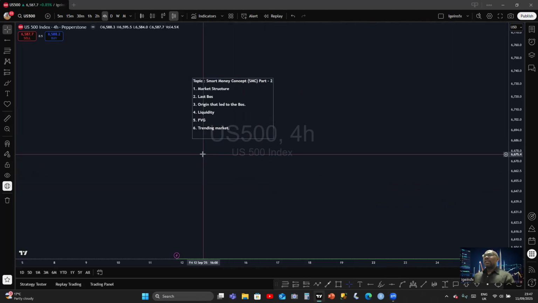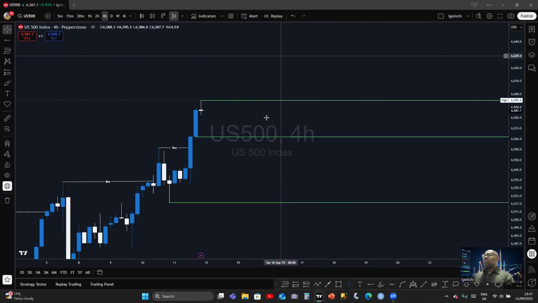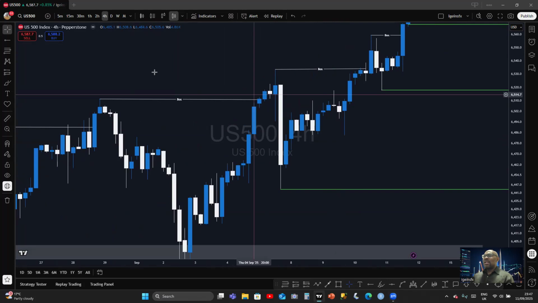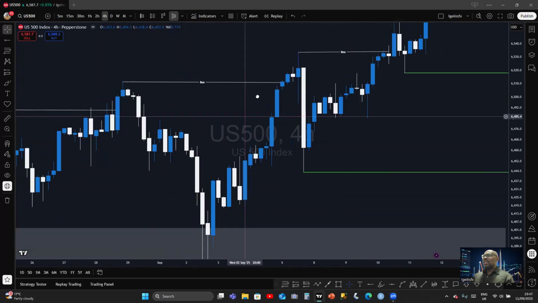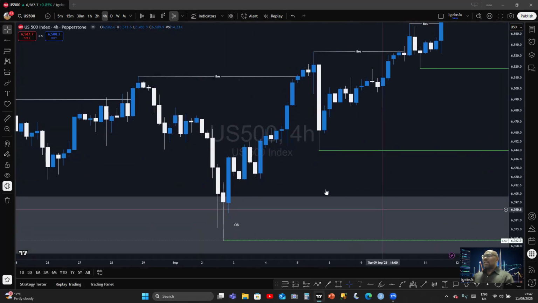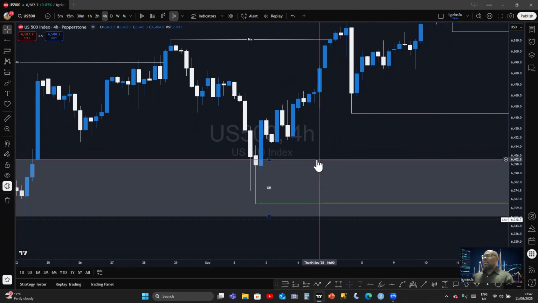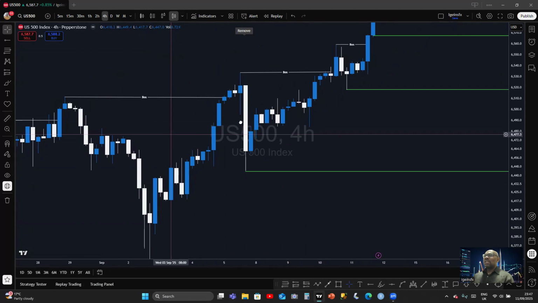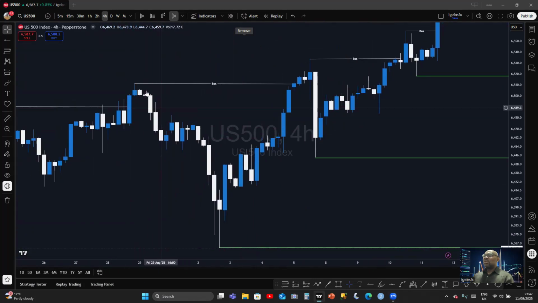For example, you must know market structure. It's not just any random thing that you see on the candlesticks while you just keep looking. This shows what is going on between buyers and sellers.